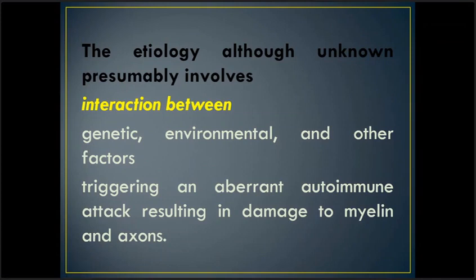So the first thing that we know about the pathology of multiple sclerosis is the aberrant autoimmune attack. But what is the triggering factor of that? We didn't know until now.